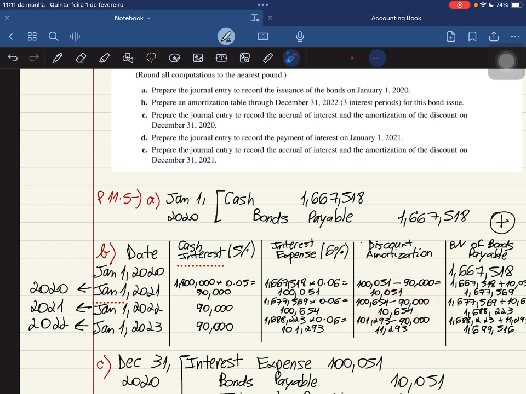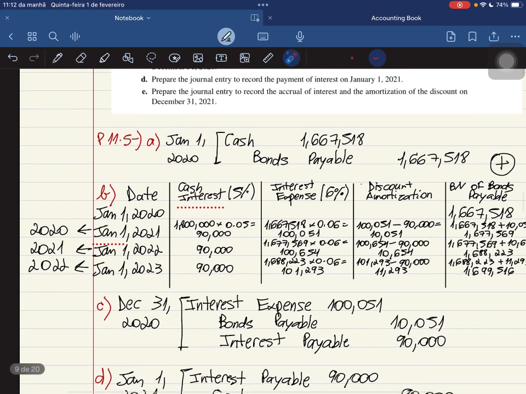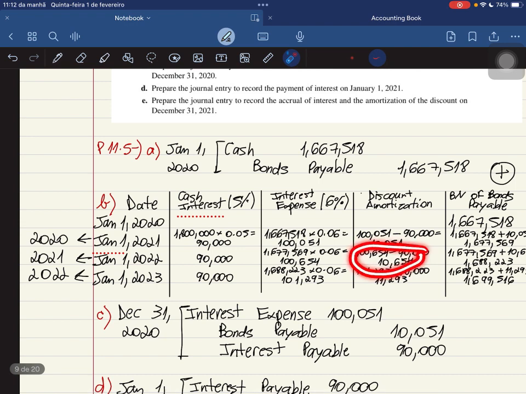Yeah, so actually, maybe we didn't need the extra column. Anyways, so we are actually going to know this number from over here, because on January 1st, 2022, that's when we paid the interest for the year of 2021. So letter E, we're basically going to be doing the same thing that we did on letter C, but using this number over here.